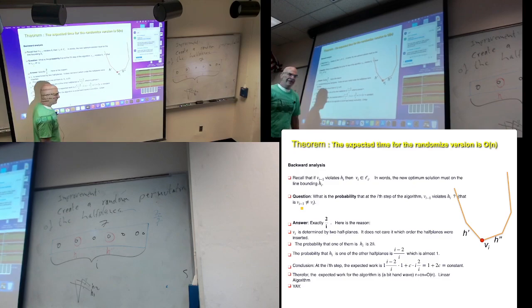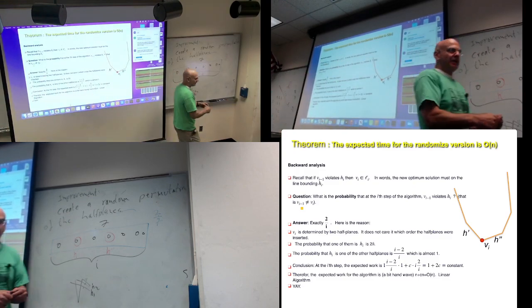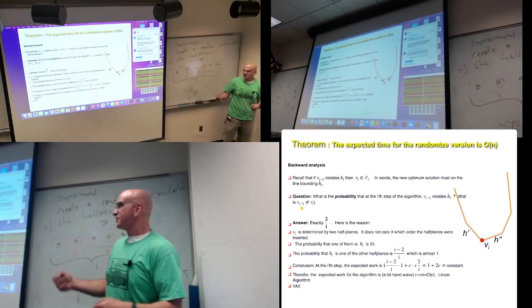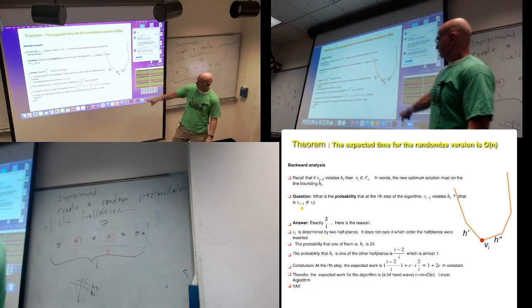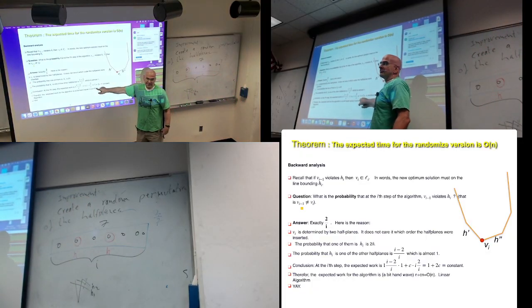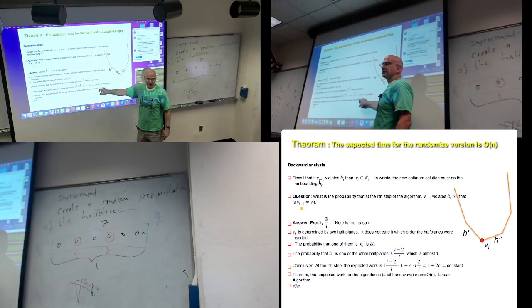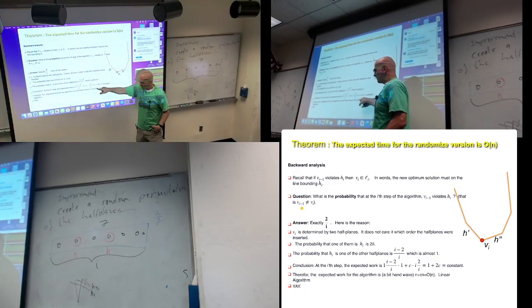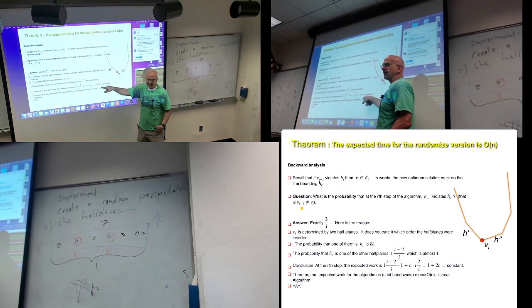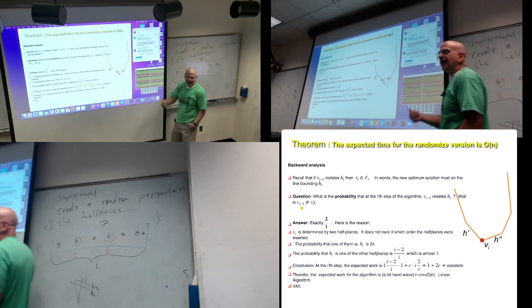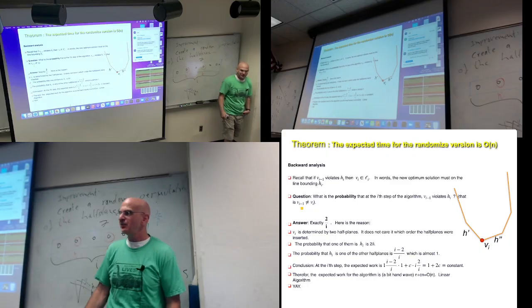So the expected work for every step is just a constant. Sum up n times a constant, and you get an expected linear time of order n. And with a bit more probability, you can even prove that it's with very small standard deviation. There is a great chance that it's close to n. It's very unlikely that you're close to n squared.